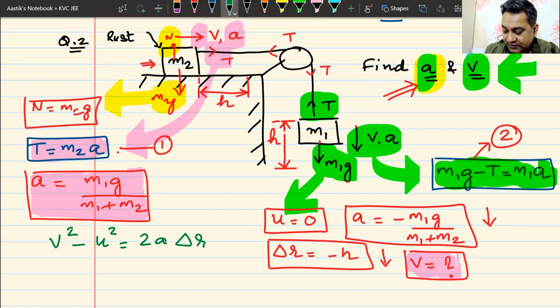Well done, bacha. Just put the values in this and give me the value of v from here. u is given, a is given, delta is given. The answer is right in front of your eyes, beta. Please look at the answer. Give me the answer.